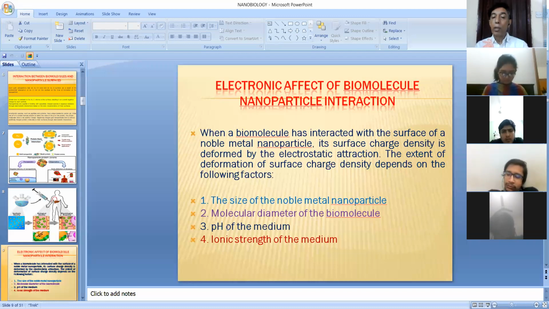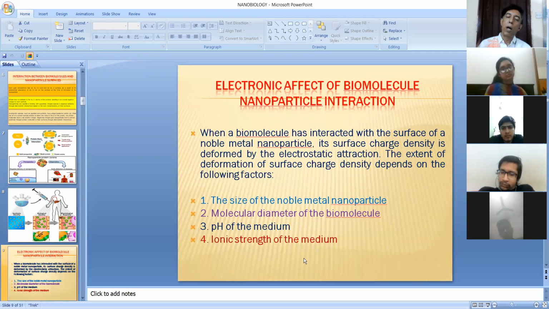The pH of the medium is very much important. I told you the pI value depends on pH. So the pH of the medium is important, and the ionic strength of the medium. In the medium, how much is the ionic strength?